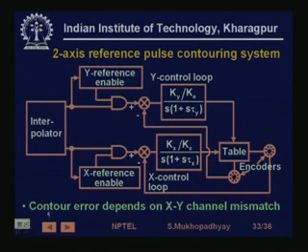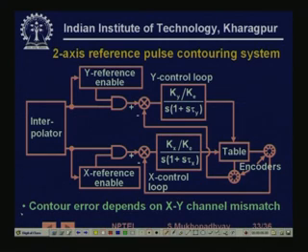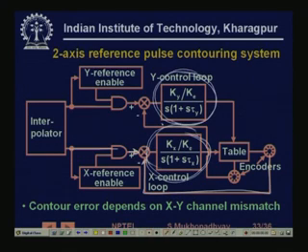With that, only one loop was shown, and now you have two loops shown. So this is a table. This is your y-axis control loop, and this is your x-axis control loop. You see the interpolator is giving reference words here, and the encoder is giving feedback, and the rest of the control loop is just shown by this transfer function.